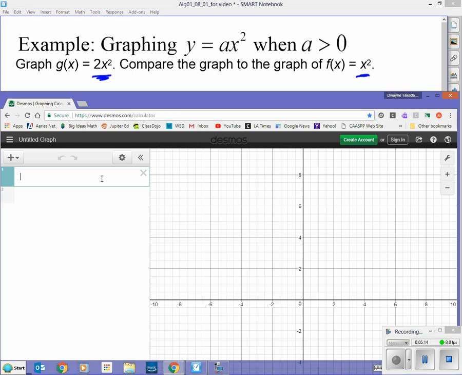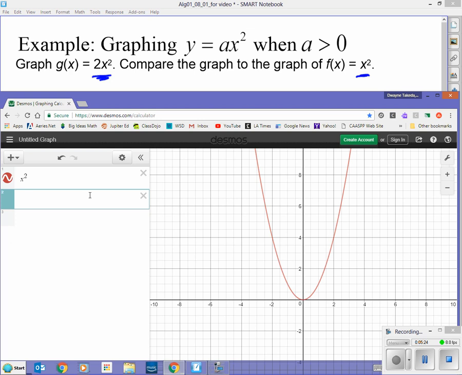Well, here's our old friend Desmos. So I'm going to first put in here x squared. So there's our real basic parabola. And now I'm going to multiply that by 2. 2x squared. So this vertical stretch, you can see it makes it look skinnier, it makes it look narrower, but what's really happening is that this point here, let's say at negative 2, 4, well, now it's at negative 2, 8, right?